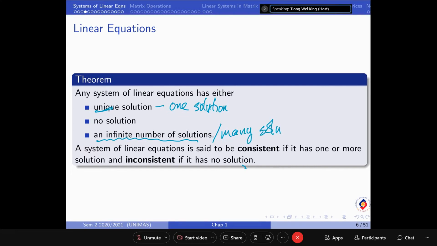Now a system of linear equations is said to be consistent if it has one or more solutions, and inconsistent if it has no solution.